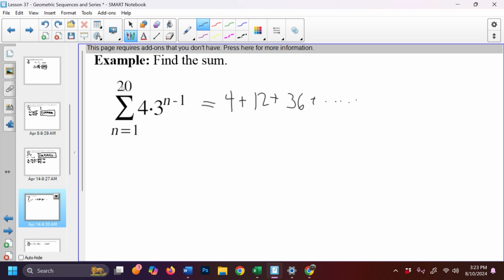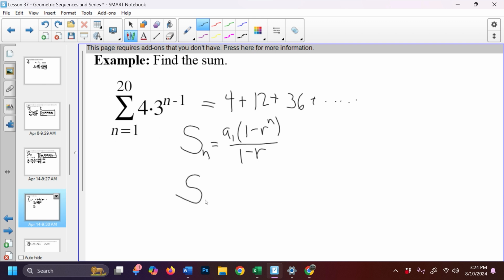Now, the sum equation for geometric series does not require you to know the last term. In fact, if I rewrite it, S sub n is equal to a sub 1 times 1 minus r to the n all over 1 minus r, all I need is the number of terms, the first term, and the common ratio. So that makes doing this sum much easier.